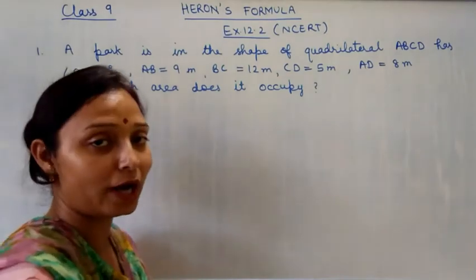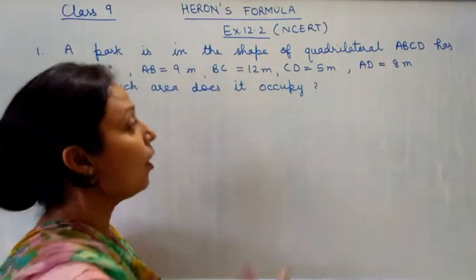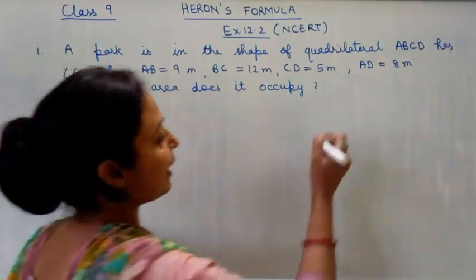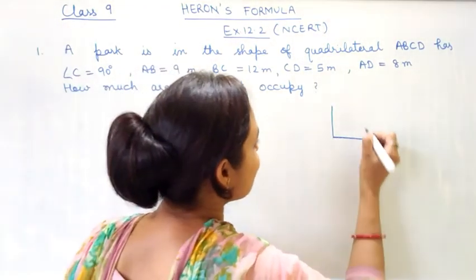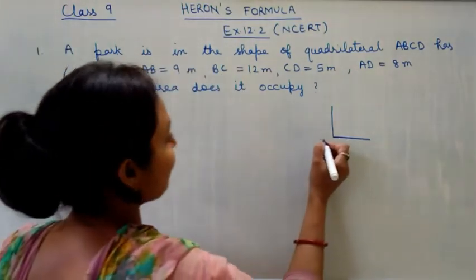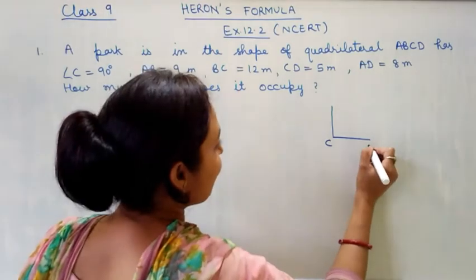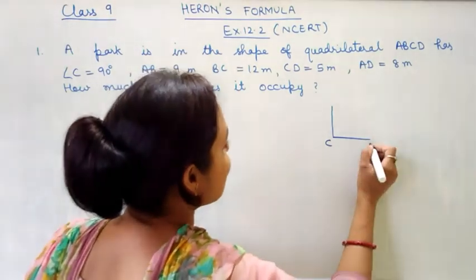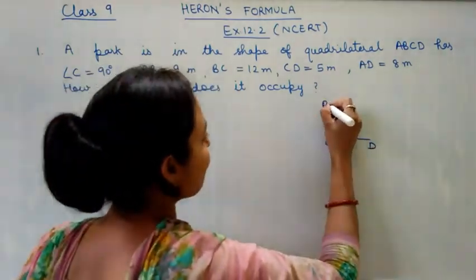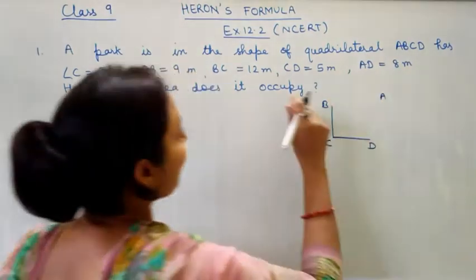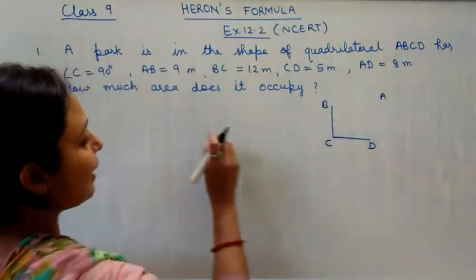First of all you have to make the diagram. Angle C is 90 degrees, so I have taken C, then D, then B, then A. According to the measurement I will draw the lines.